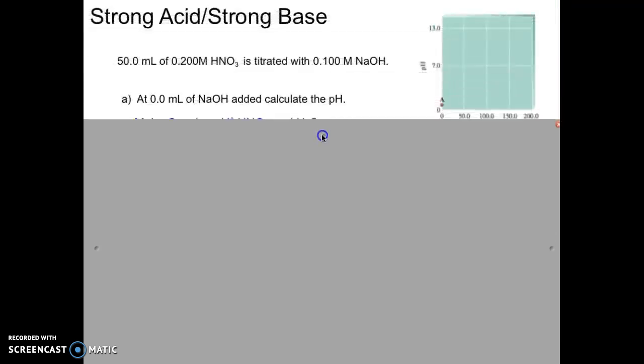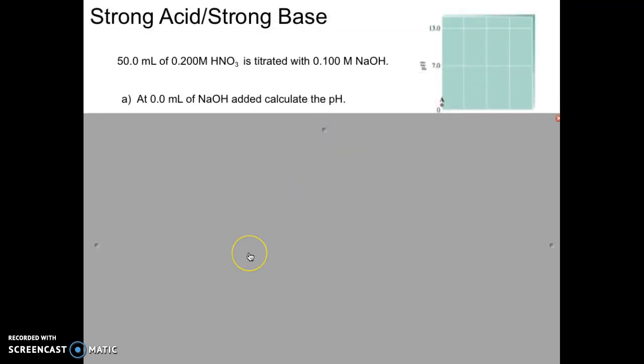Okay, so the first thing that I want to talk about is a case study, which is also in your textbook that you can follow along with. You also should have a handout that you can follow along with and put this information in. What I'm going to start out with here is a beaker of nitric acid.